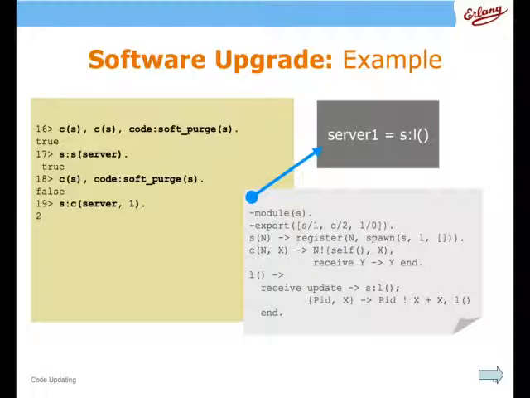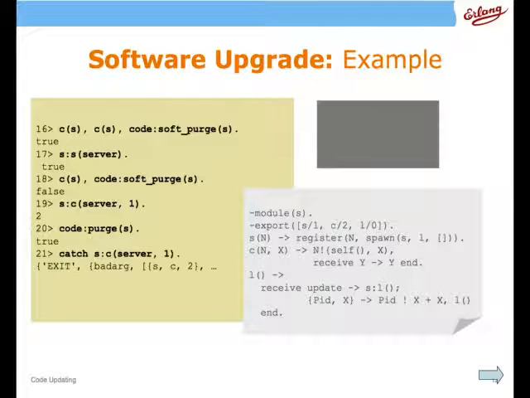Now we can send a message to it, and what we get back is the result we'd expect: we get 1 + 1, so we get 2. Now we can purge the code, and that returns true because there was a process running that code.